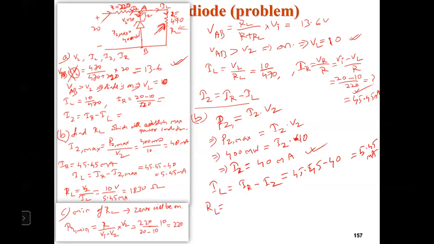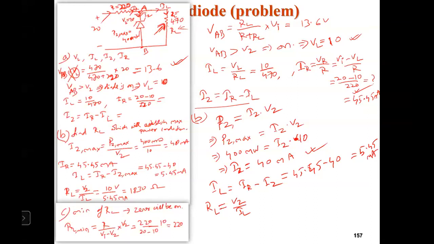Once I got this, I can say what RL has to be. I am just going in the opposite way. Previously I was calculating this IL, but now I am calculating the RL. So RL has to be VZ by IL, because I know that the voltage across this load is equal to VZ when the diode is on.